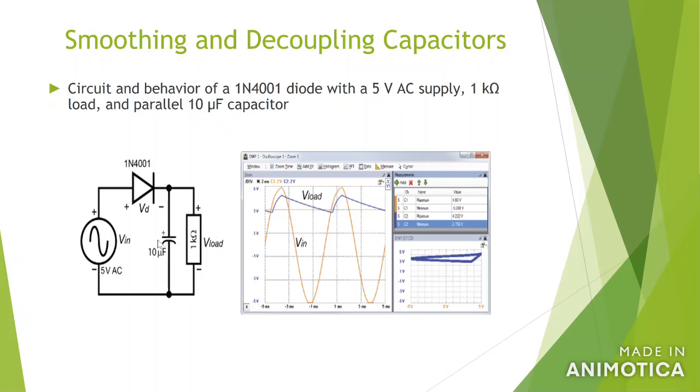But at the same time, because the capacitor was charged, the capacitor will discharge at this point. That's why you see this blue line, because the capacitor is discharging. This way, by having this capacitor, we can smooth the signal compared to the one without the capacitor. That's why a capacitor is very useful and very important for electrical circuits.